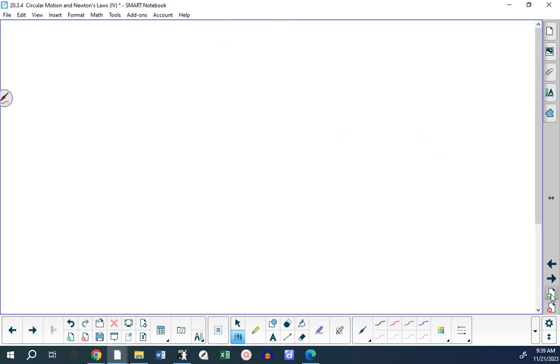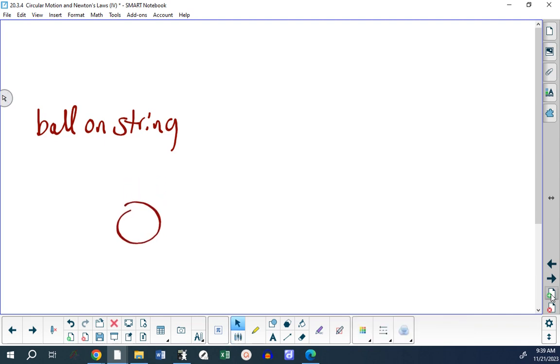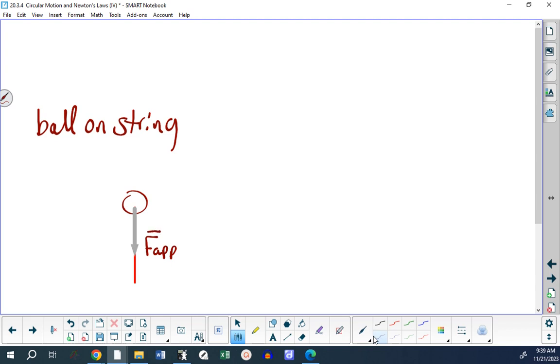For a ball on a string, when it is at the top, and there's a piece of string pulling it in, there is an applied force down and there is a force of gravity down.